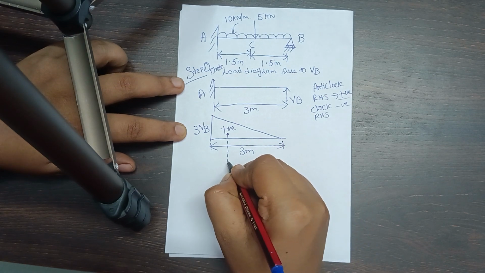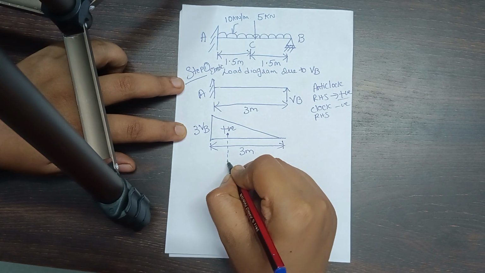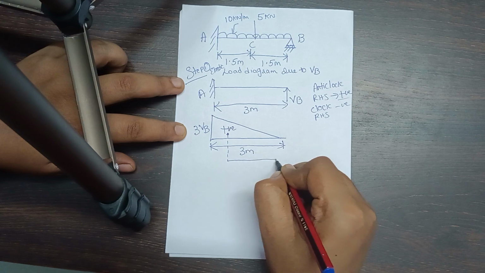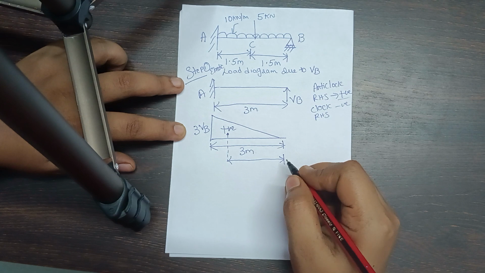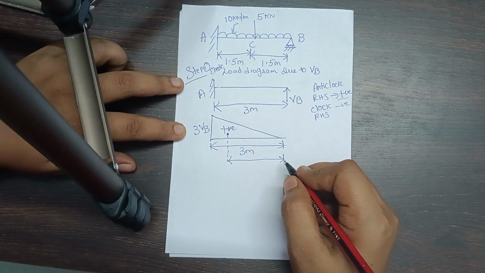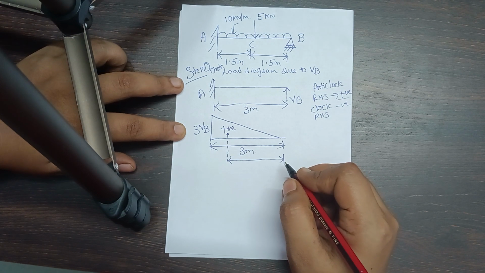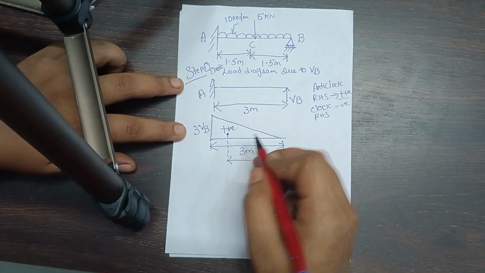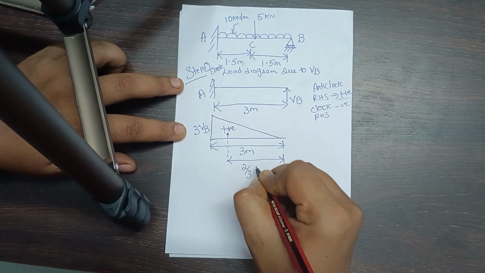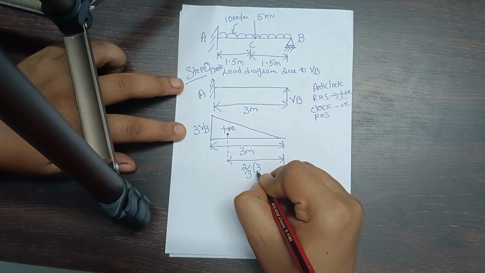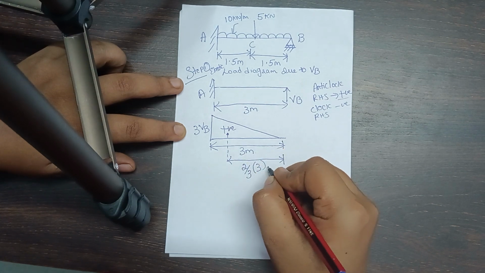This is a triangle, wherein the centroid of a triangle will be at 1/3 and 2/3 from the reference direction, based on the shorter and the longer span. So this is the longer side of the centroid, so it will be 2/3 of the base. The base is equal to 3 meters, so 2/3 of the span.